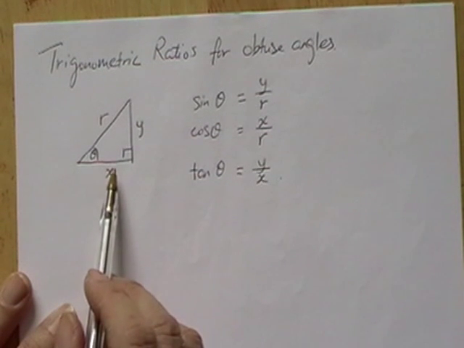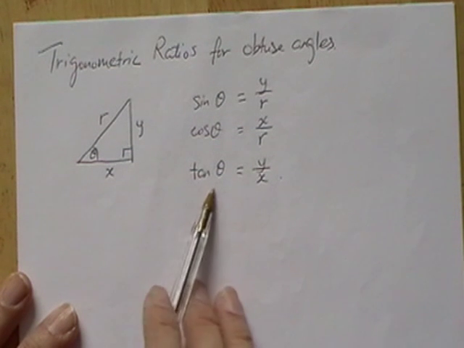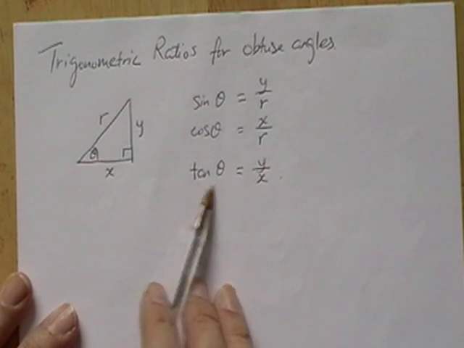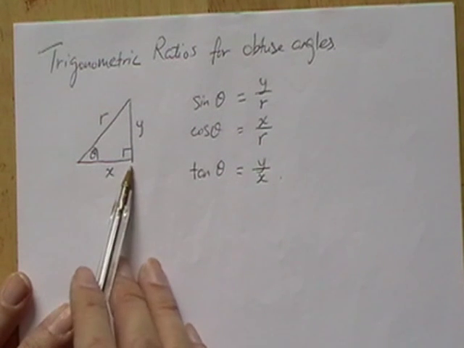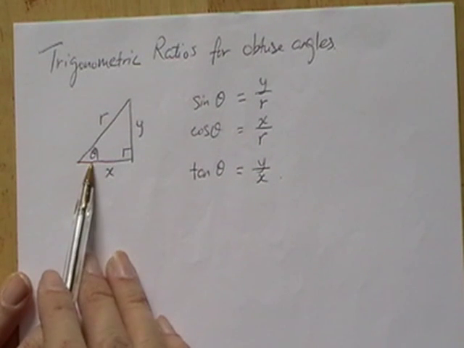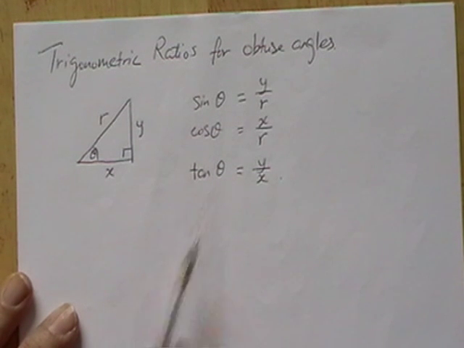What if the angle is obtuse? If this angle is more than 90 degrees, we can't draw a right-angled triangle with an obtuse angle. So does it mean that we have to give up on these ratios? We just can't use them?